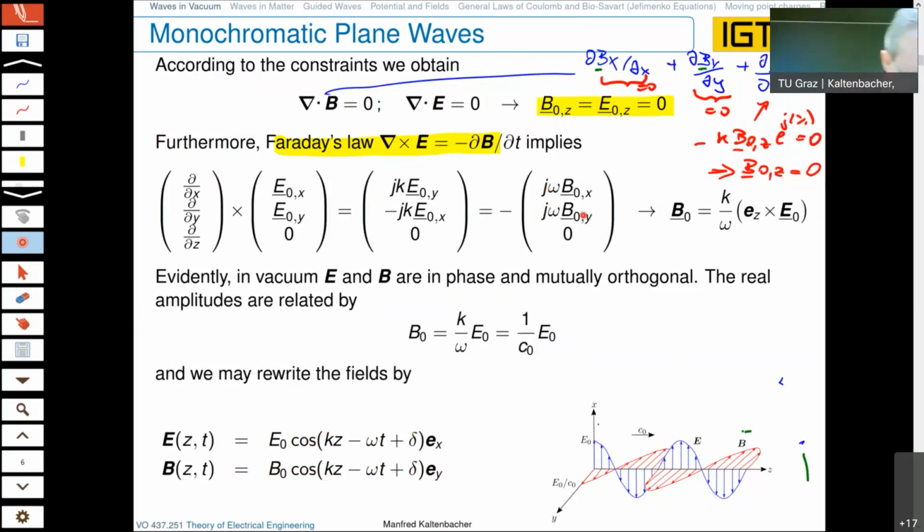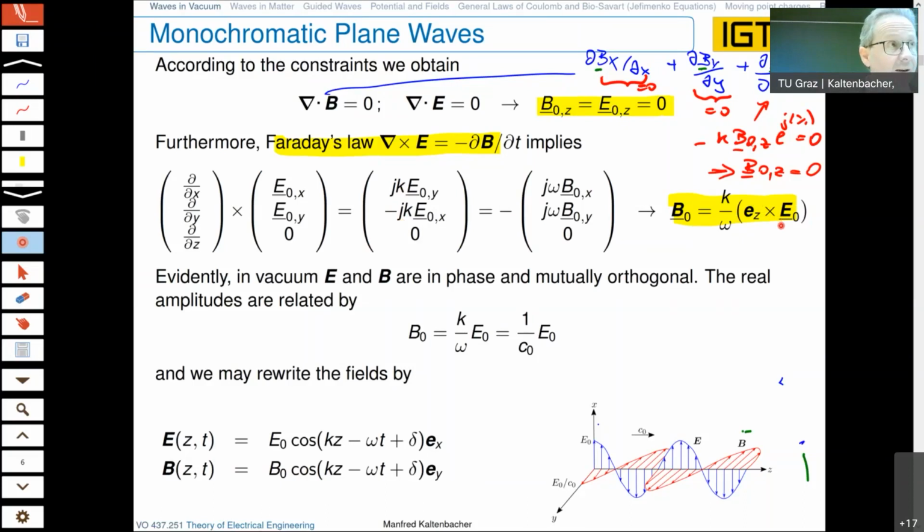If you combine this, then you will see that you get this relation here. It is clear because you can divide by j and you divide by omega. So you will have here on this side always k over omega, also here k over omega, and it will give us here then the unit vector in z direction cross product with E0.